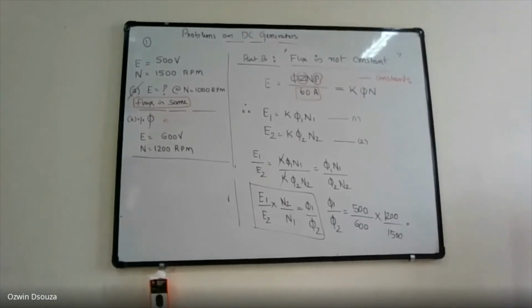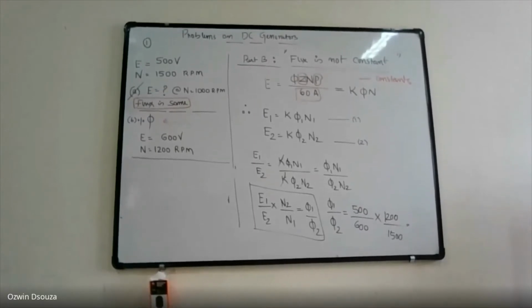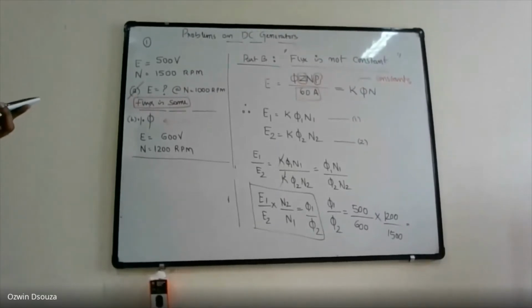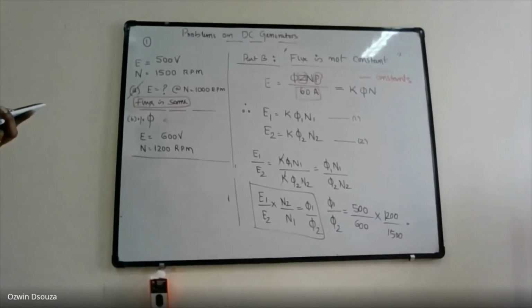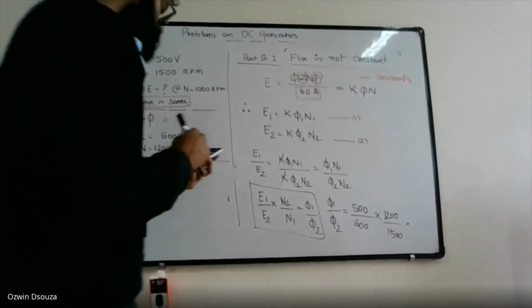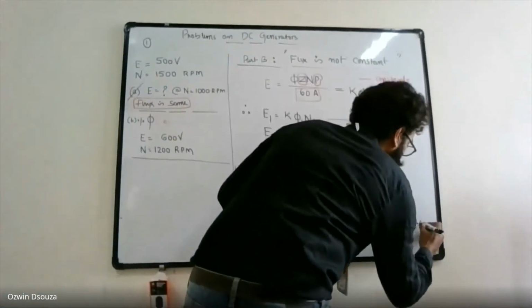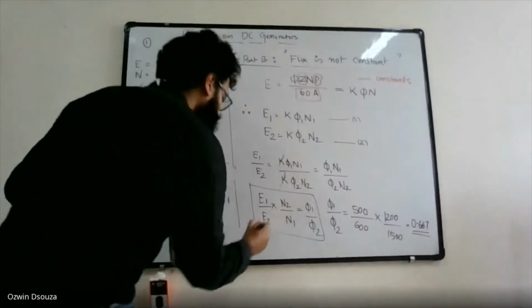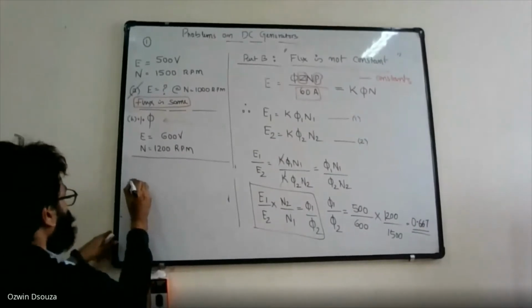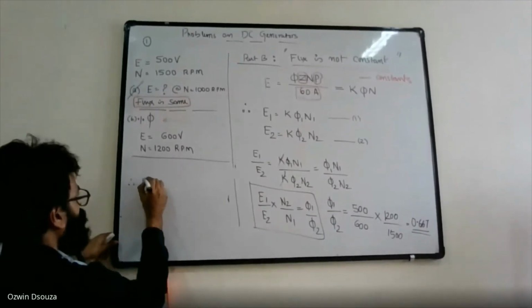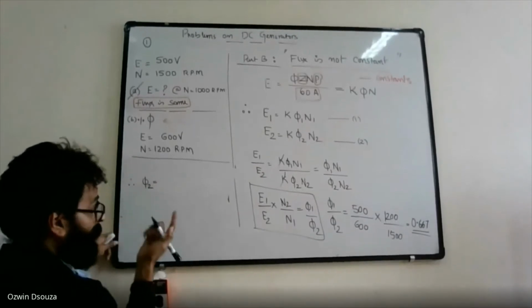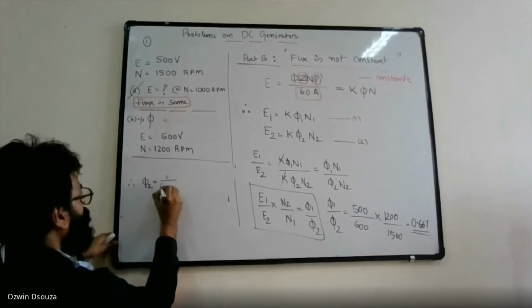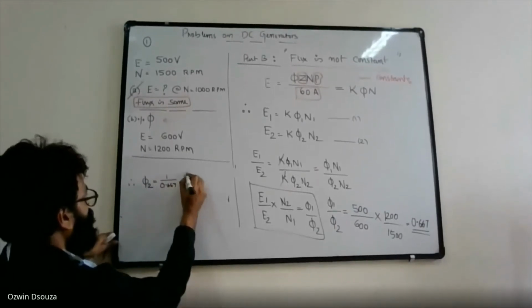0.667. Okay, I'll continue here. So therefore, you can write down phi 2 as basically 1 by 0.667 times phi 1.